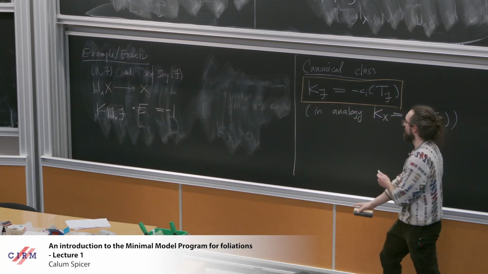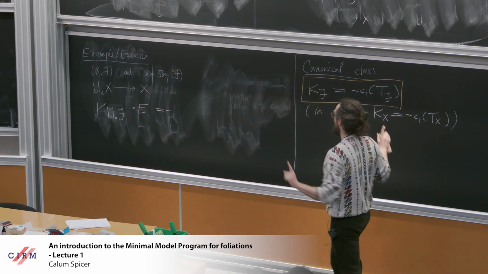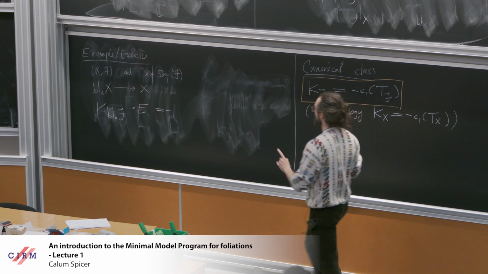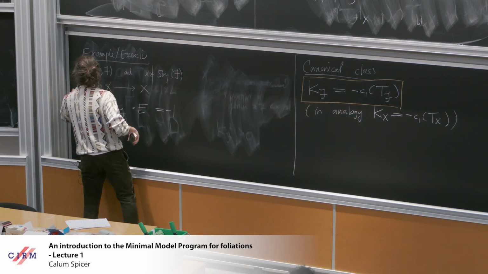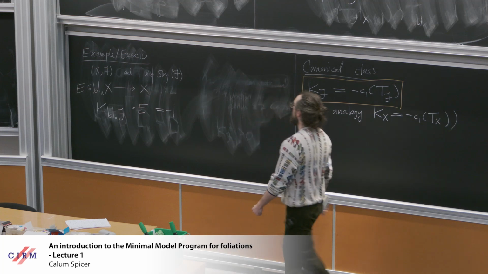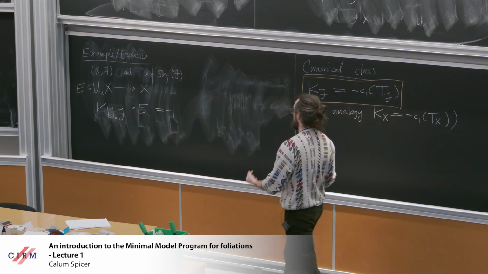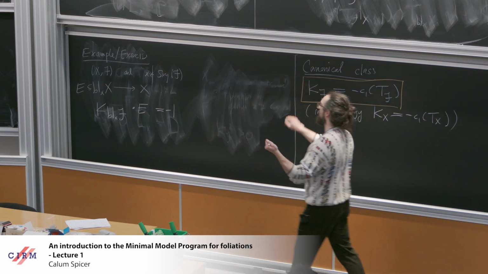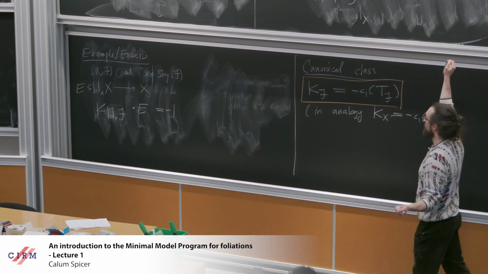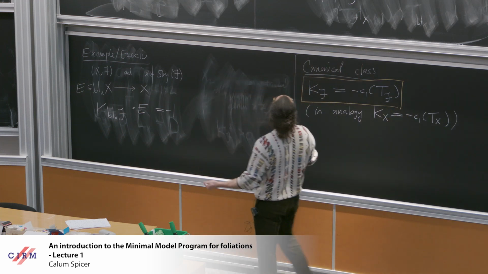So this is a good exercise. It's completely analogous to the classical theory of surfaces: if you blow up a smooth point, you're going to introduce an exceptional divisor here, and the canonical divisor will be negative on the exceptional divisor. So in other words, if you blow up a foliation, increasing its birational complexity by blowing up a lot, you're going to introduce lots of curves where the canonical divisor is not NEF.